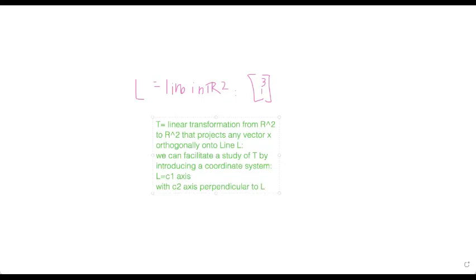We can use this coordinate system, right, to say, if this is true, then T changes c1, c2 into c1, 0, right? Because of course, if it orthogonally projects, then there isn't going to be any c2 involved.